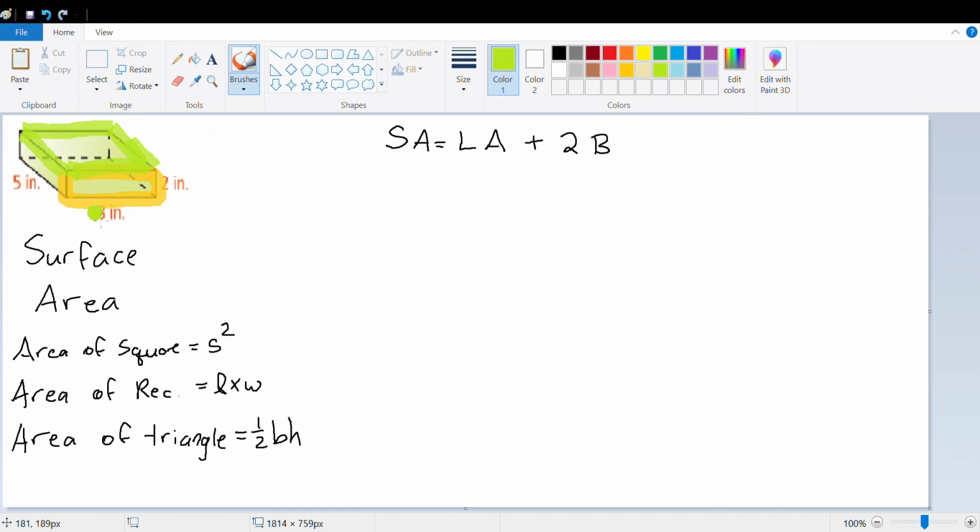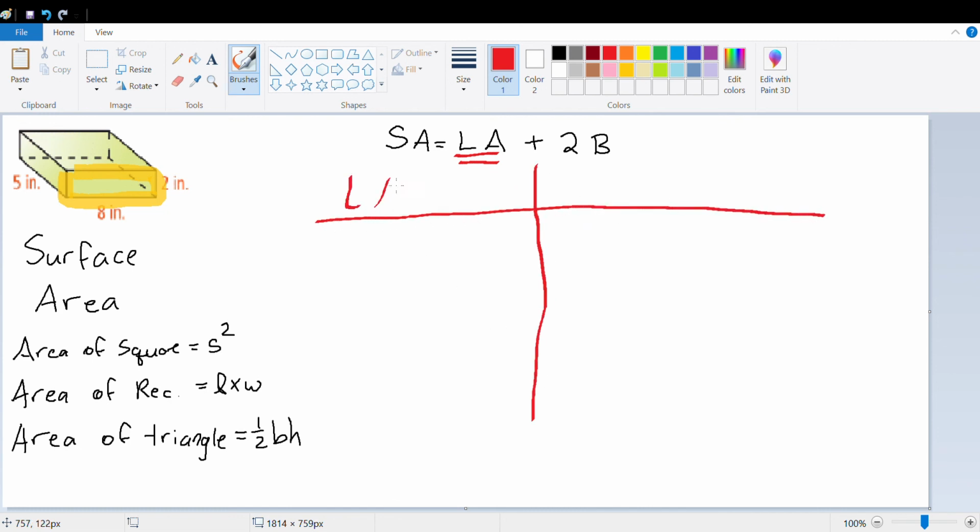Let's try to use this orange rectangle that I just highlighted. Let's go back to this. And first we're going to start off with finding our lateral area. So when we're talking about lateral area, we're talking about the perimeter of the base times the height.